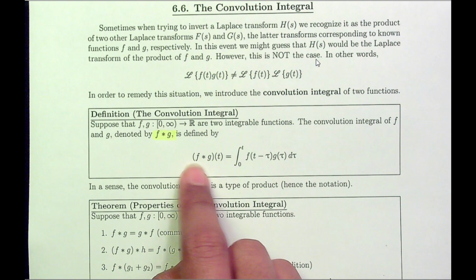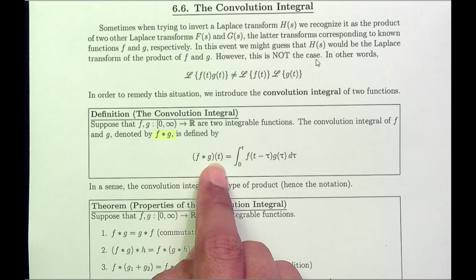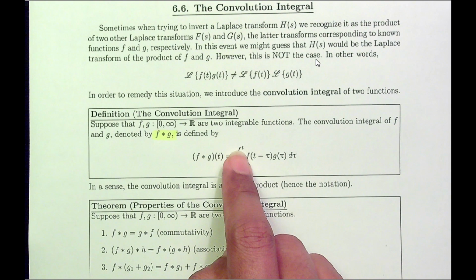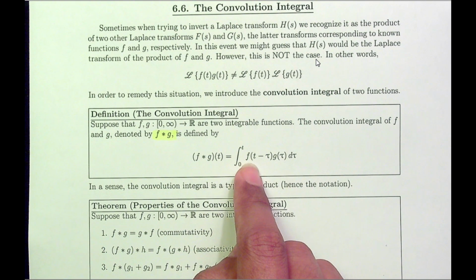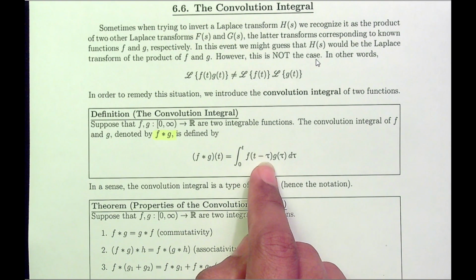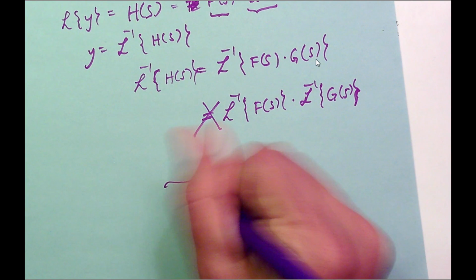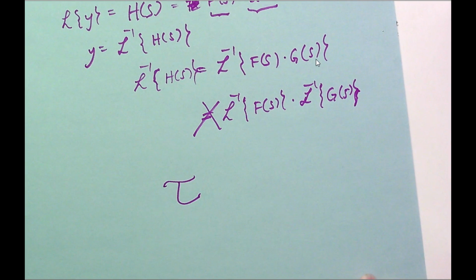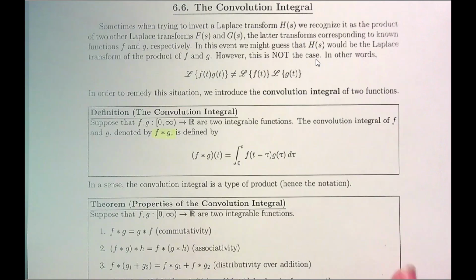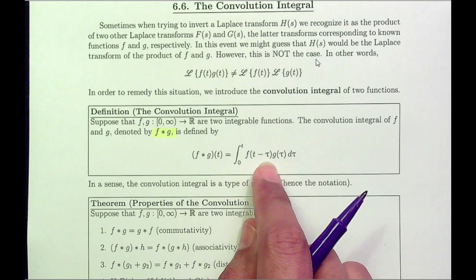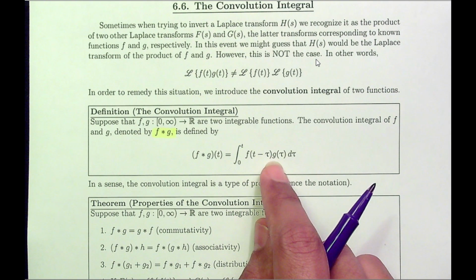F convolved with g evaluated at t is going to be the integral from 0 to t of f of t minus tau, that is the Greek letter tau, times g of tau d tau.